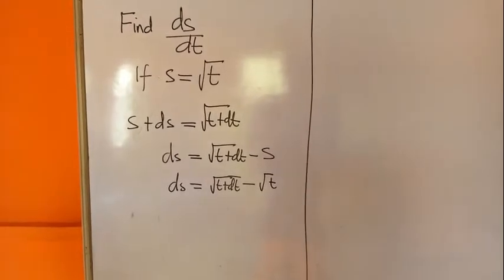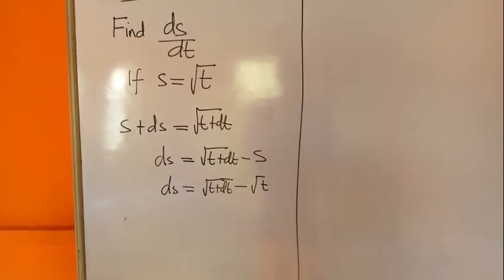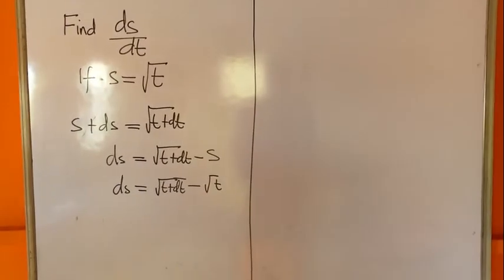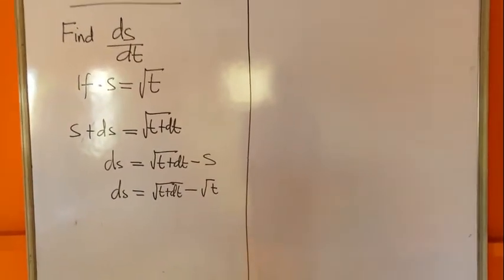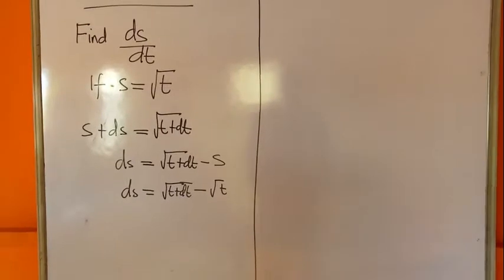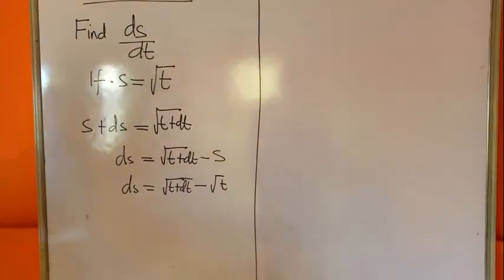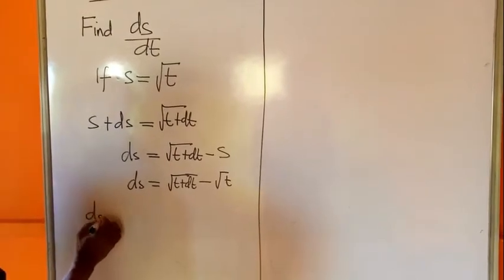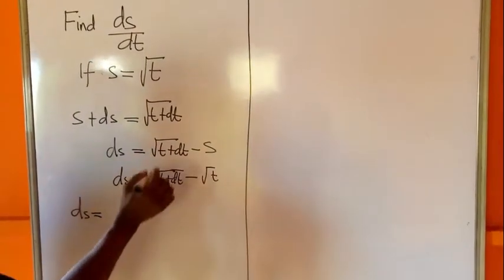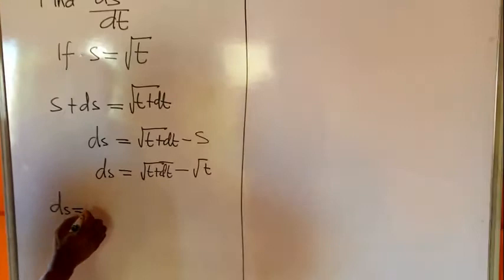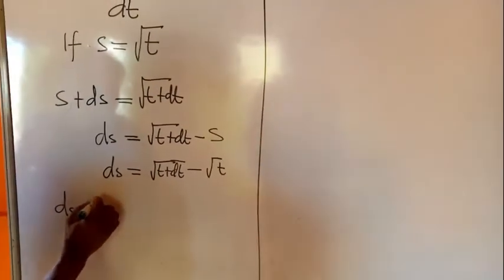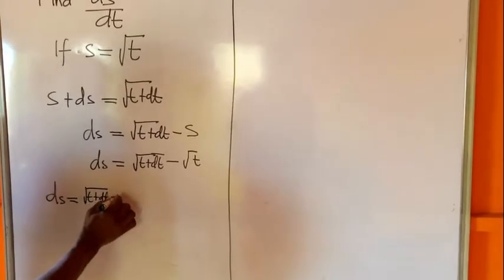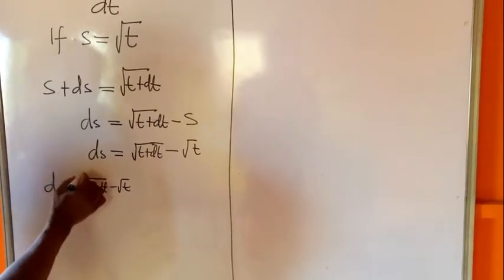So what you have now is to find the conjugate of root t plus dt minus root t, because it's not a surd. So what you now have is the δx is equal to root t plus dt minus root t, in a bracket.